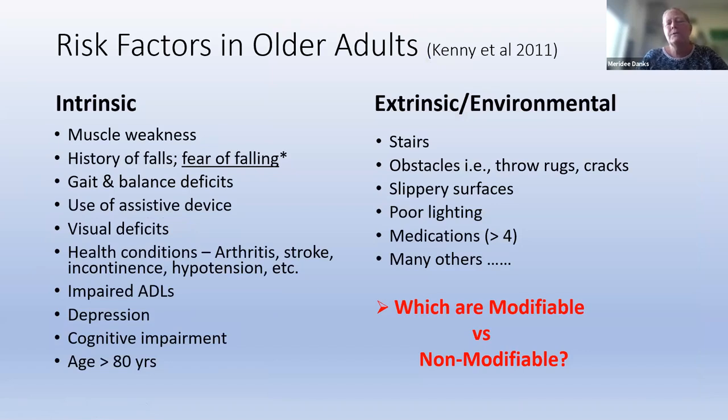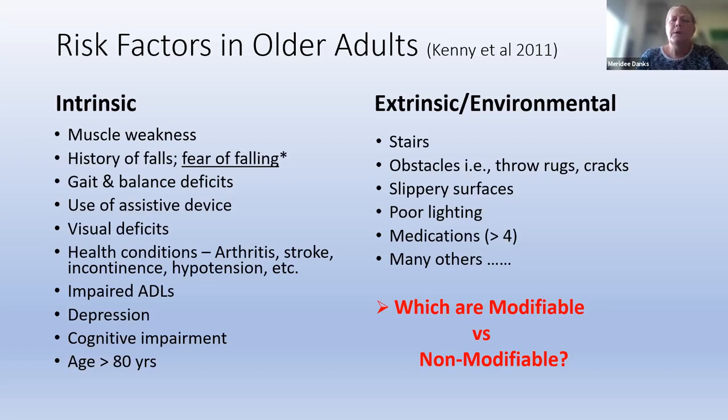So risk factors in older adults, intrinsic ones, usually lower extremity weakness. We talked about history of falls increasing the fall risk. And also when somebody falls, and you can even think of this yourself, when you may have had a fall, you may be a little bit jumpy about doing that activity again if you fell very hard.